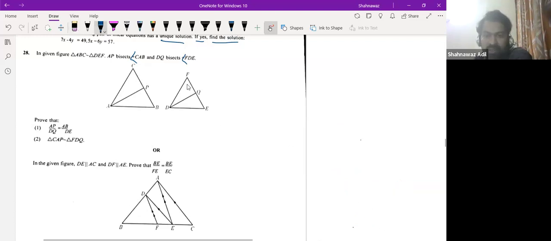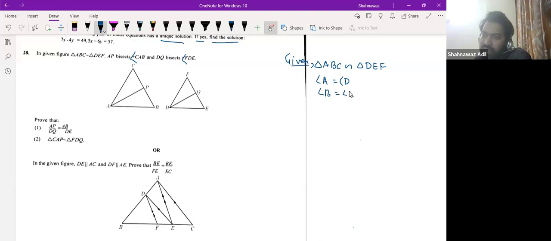In this question, it is given that triangle ABC is similar to triangle DEF. What can we infer from this? We can infer that angle A is equal to angle D, angle B is equal to angle E, and angle C is equal to angle F. This is the first thing.